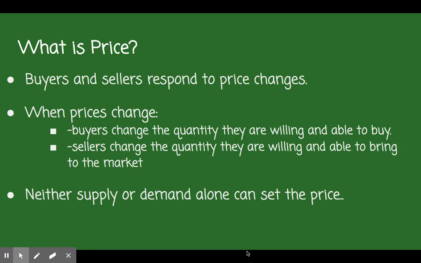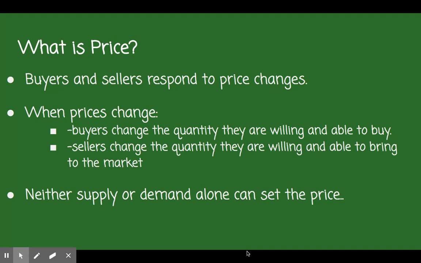That's why dollar stores exist. And sellers, the more money you can charge for your product, the more you want to sell because you have a bigger opportunity to make money. And the less you can charge, the less inclined you might feel to make a lot.